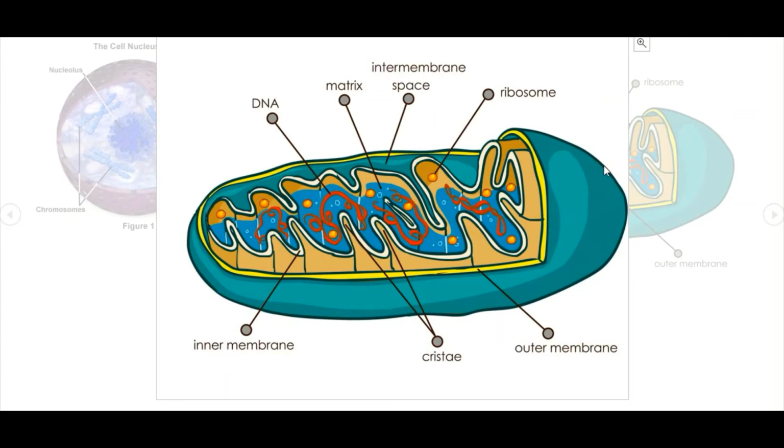ATP is produced by a process called cellular respiration, a long, lengthy process where oxygen molecules go through a series of conversions and breaking down, releasing chemical energy to produce ATP.